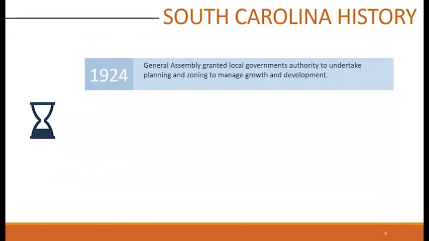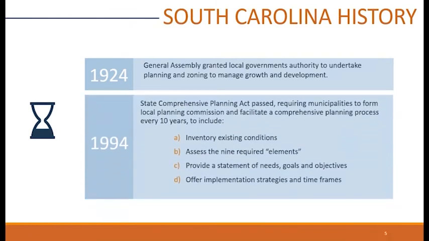So just some brief history on how we got here. In 1924, the South Carolina General Assembly granted local governments the authority to undertake planning and zoning to manage growth and development. Fast forward to 1994, the State Comprehensive Planning Act was passed and required municipalities to form local planning commissions and facilitate a comprehensive planning process every 10 years, which is to include an inventory of existing conditions, which we will be going through in a minute.